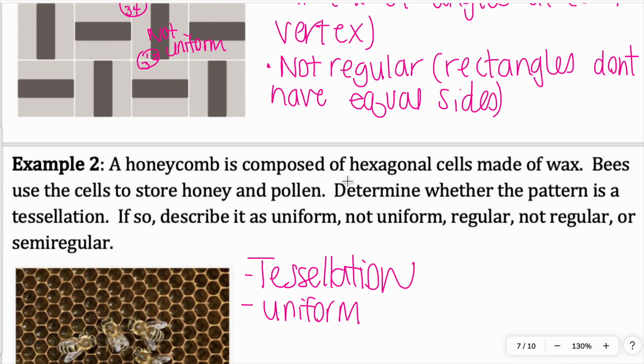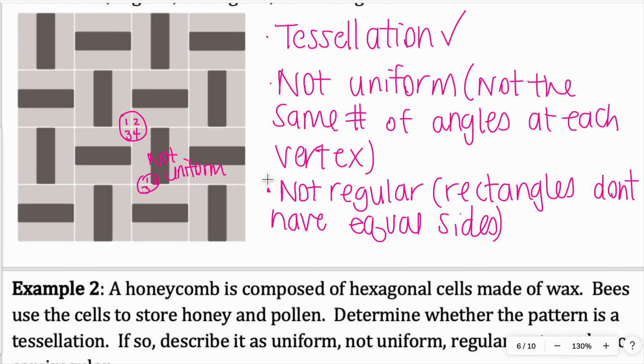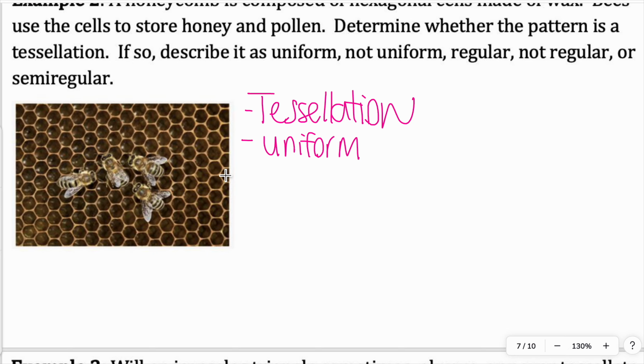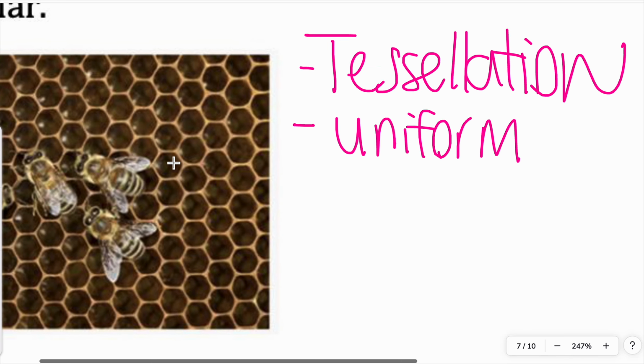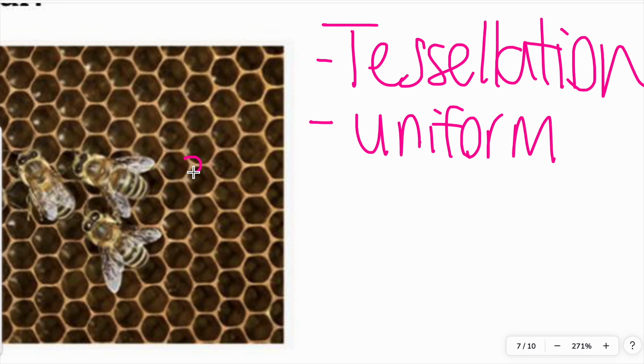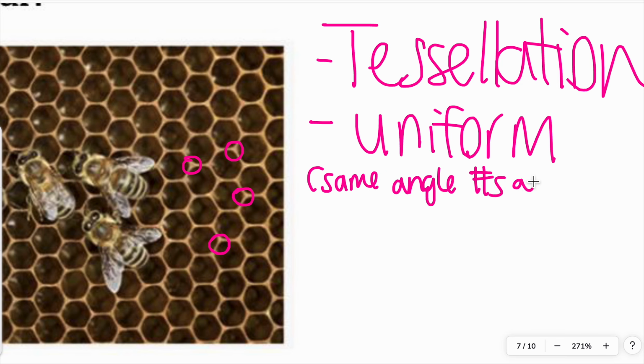And remember, if we want to know if it's uniform, we want the same number of angles at each vertex. So if you look at these and consider like this vertex is the same as this one, is the same as that one, is the same as that one. So same angle numbers at each vertex.